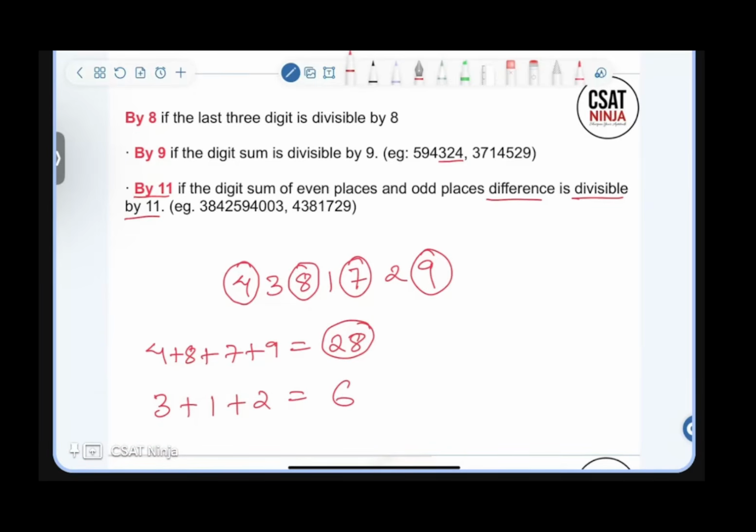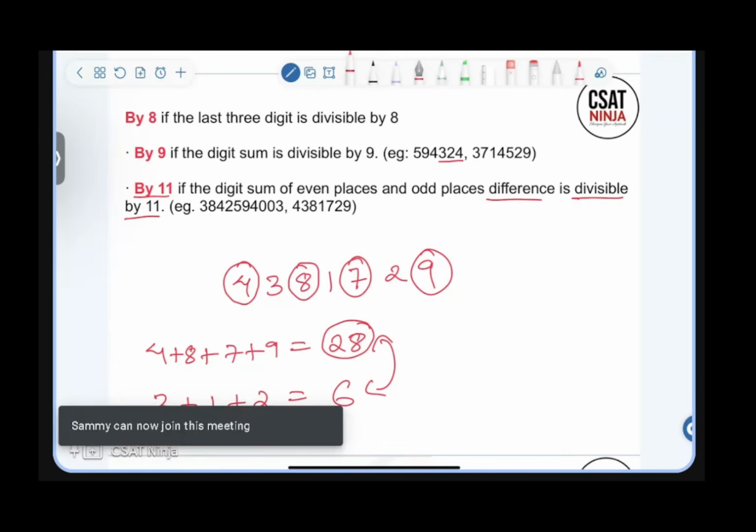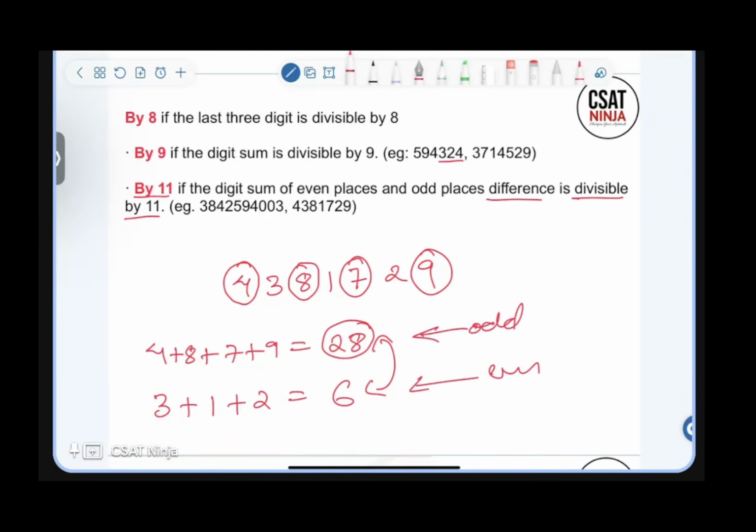If I subtract these two, 28 minus 6, I'm getting how much? 22. Is this number divisible by 11? Yes, right? 22 is divisible by 11.